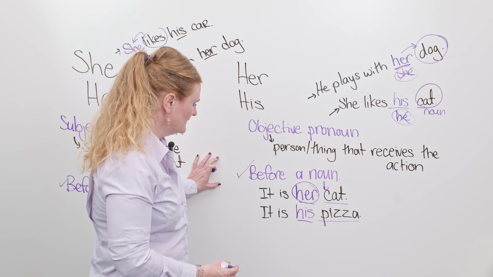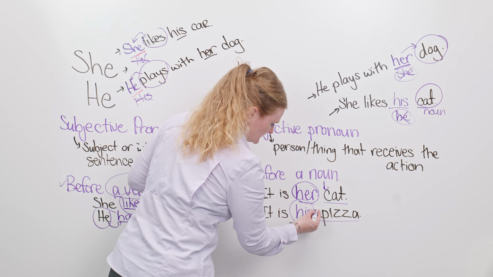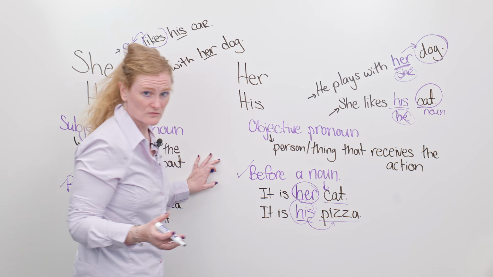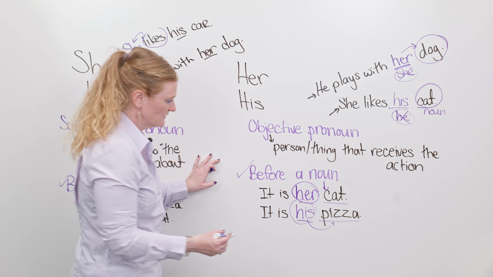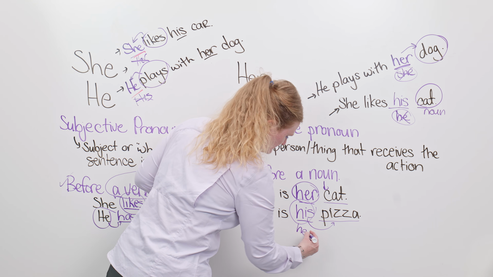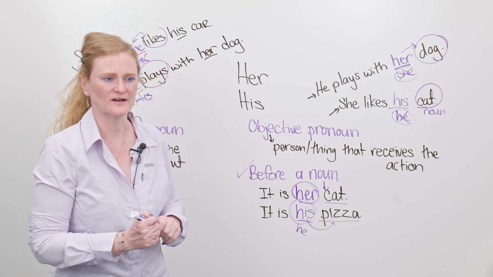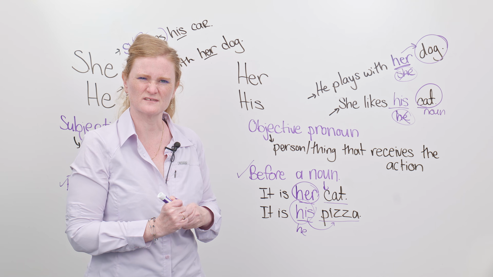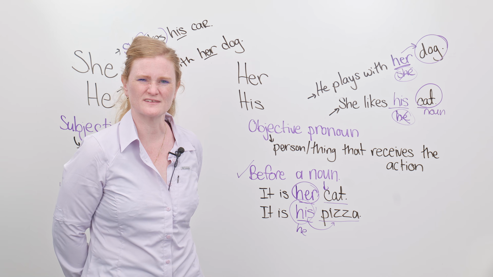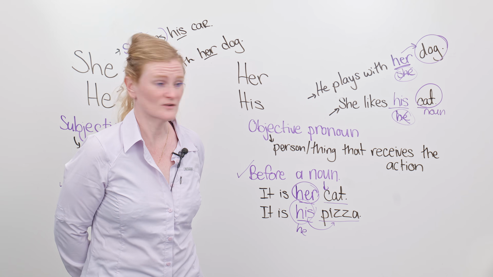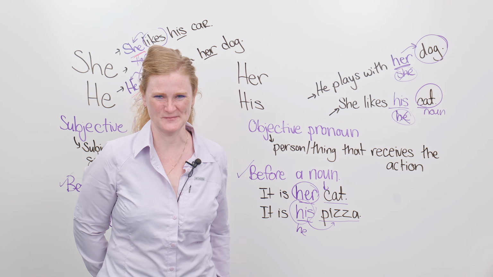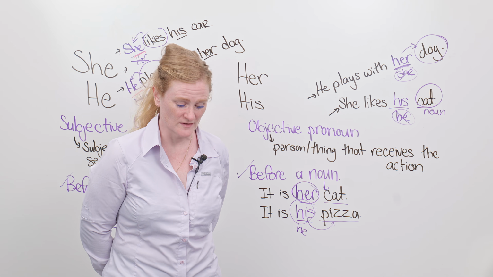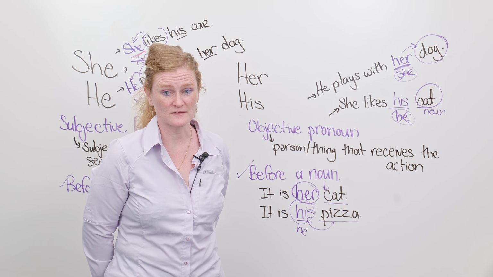Doesn't work. "It is his pizza," again, pizza being a noun, we're going to say his pizza. If we say "it is he, pizza," it sounds like, I don't know, from the medieval ages and your buddy's named Pizza. Who is it? "It is he, Pizza." Pizza has arrived. So we're not in the medieval times.